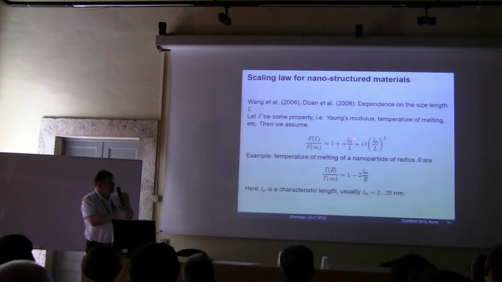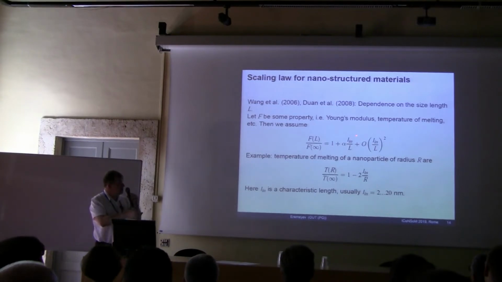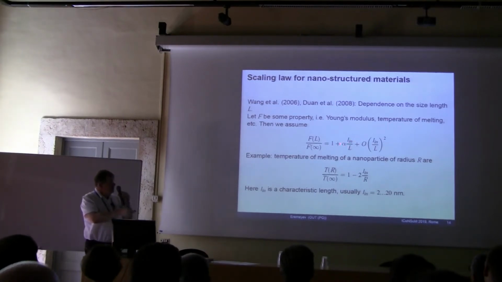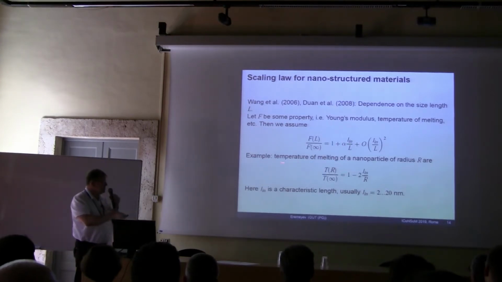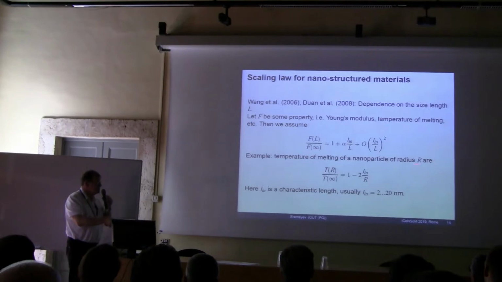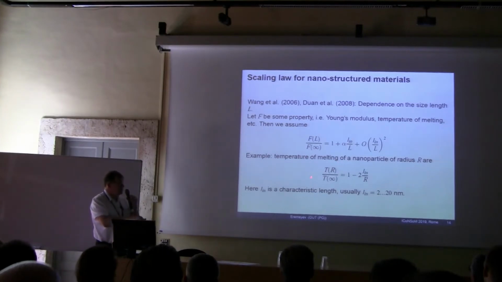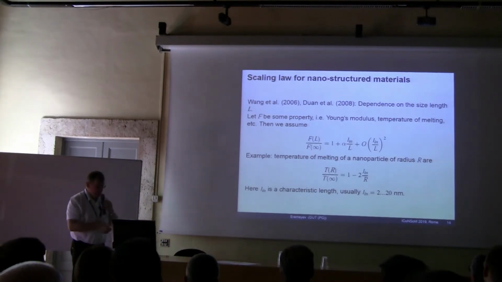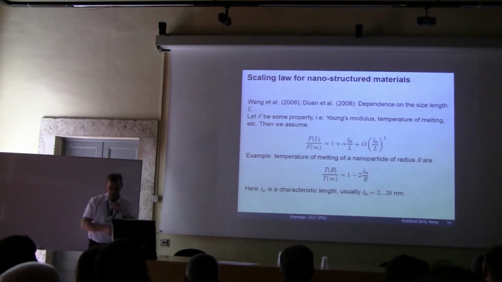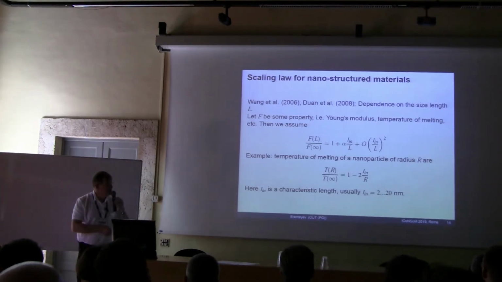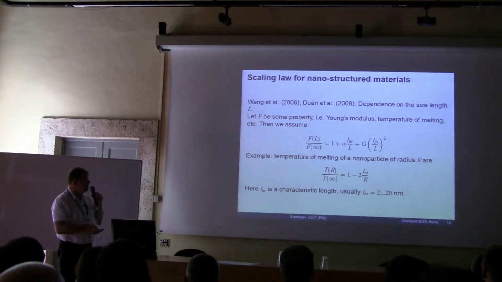We have some intrinsic characteristic lengths and some parameters. And an exotic result, in some sense, is the melting temperature of nanoparticles, which looks like that. We have an exact formula for this. Here I can refer to works by Franz Dieter Fischer.